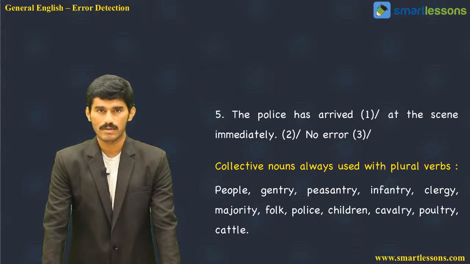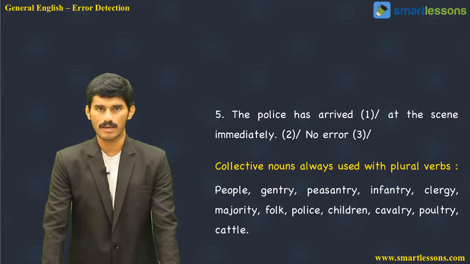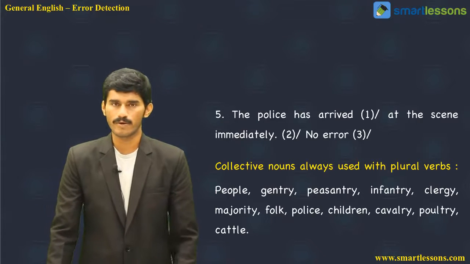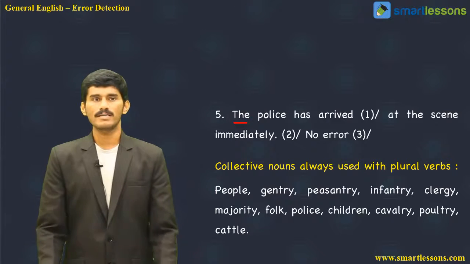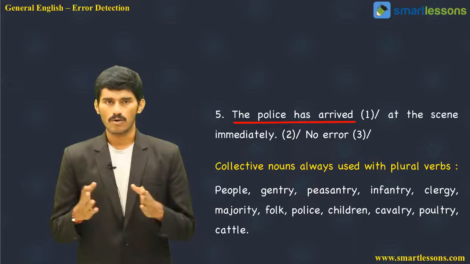The police is the noun here. Singular or plural? If it is singular, we should have said policeman or policewoman. Then it becomes singular. If you say just police, it is taken as plural. So you have to use a plural verb. Then the police have arrived, you have to say. So the first part is wrong.